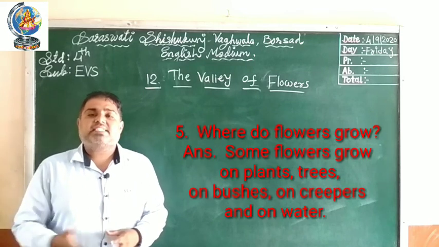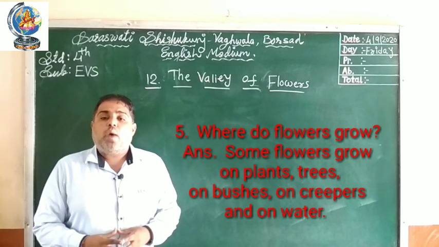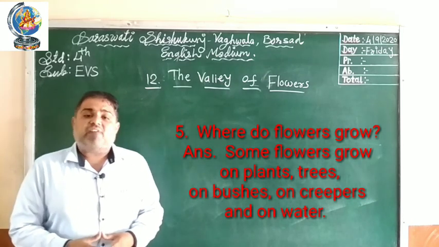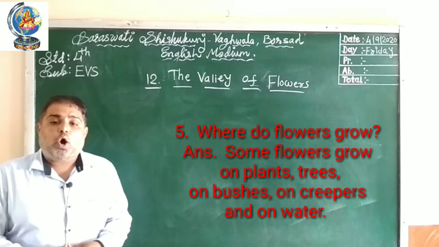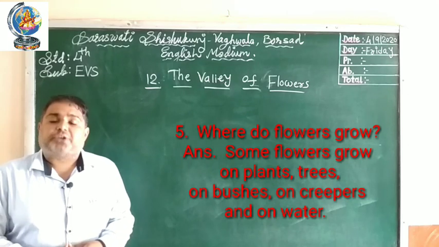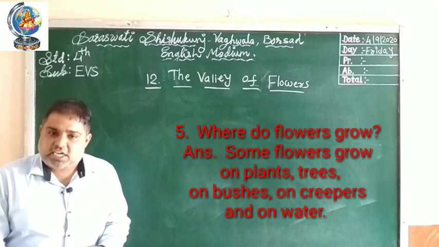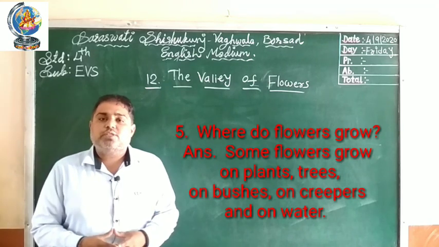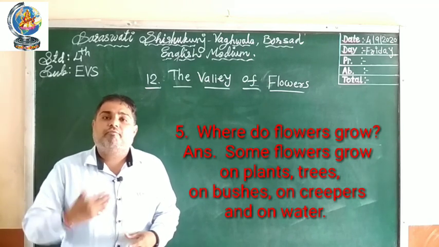Then the fifth and last question is, where do flowers grow? So flowers grow on plants, trees, on bushes, on creepers, and some flowers also grow on water.